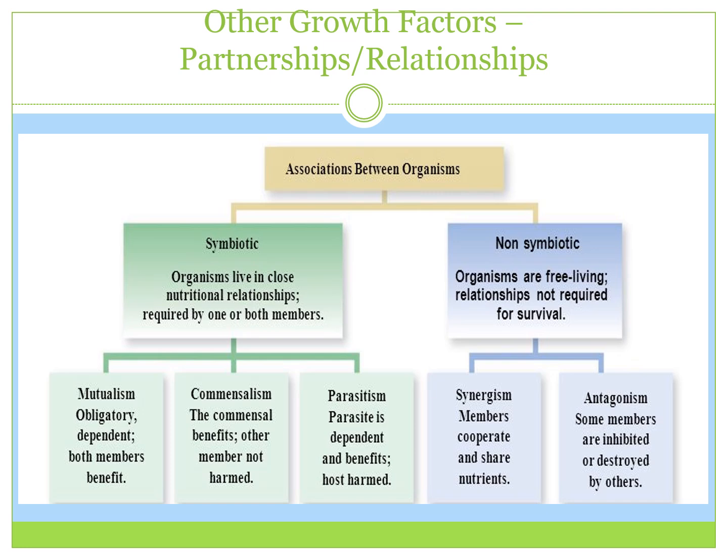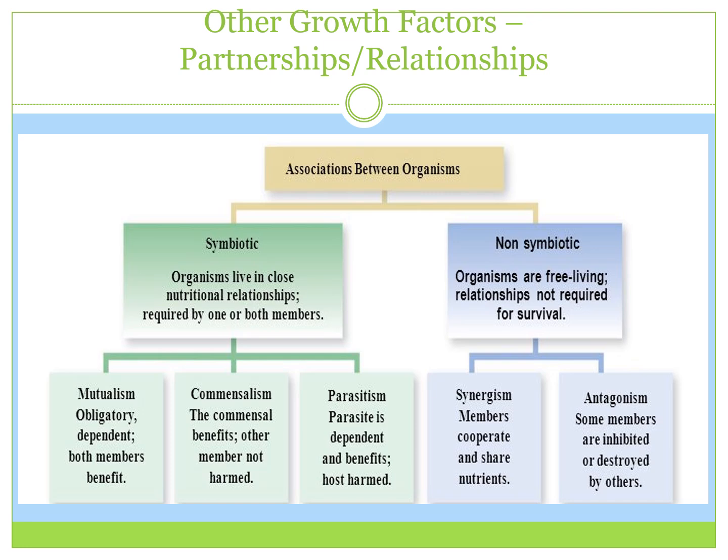And then parasitism is going to be a type of predation where you have one organism benefiting and the other one is being harmed. Usually it is a host because we are talking about a parasite. Now, we do have non-symbiotic relationships where organisms are free living and the relationship is not required for survival.